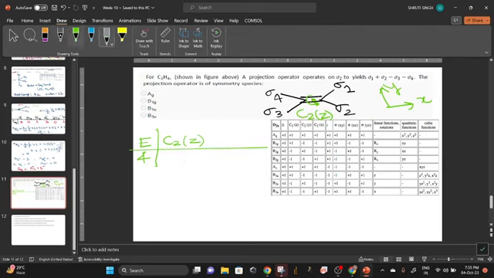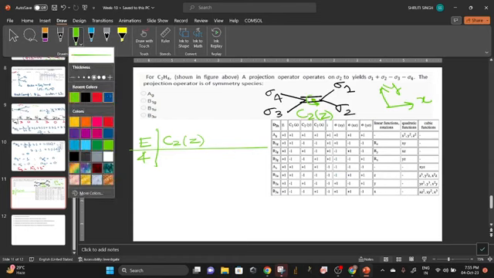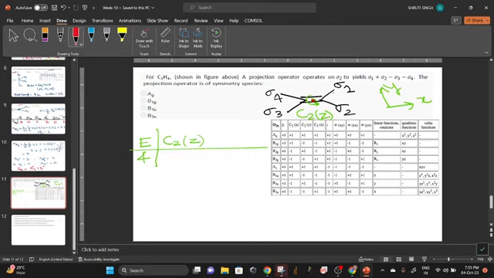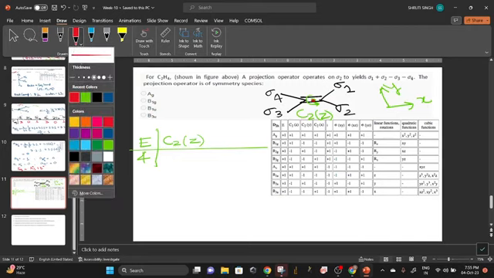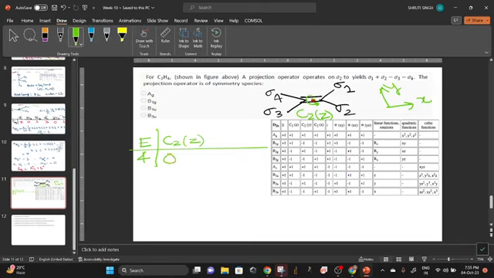When you apply C2Z, this will come here, this will go there. So the character will be 0. Everything will change place.